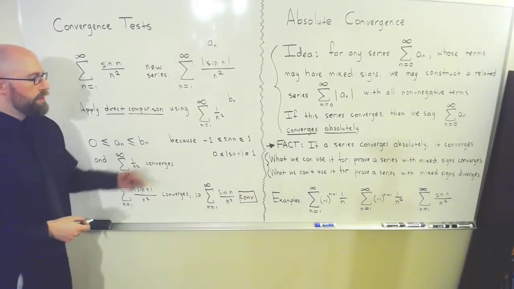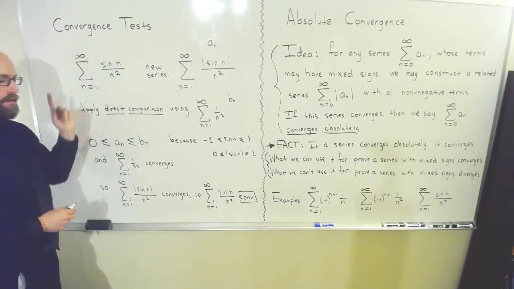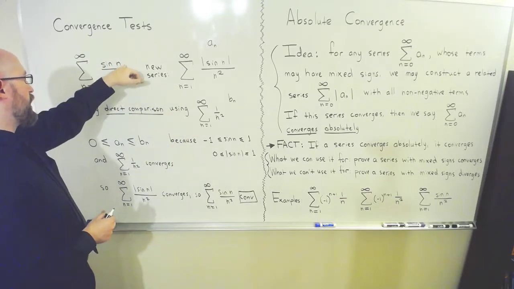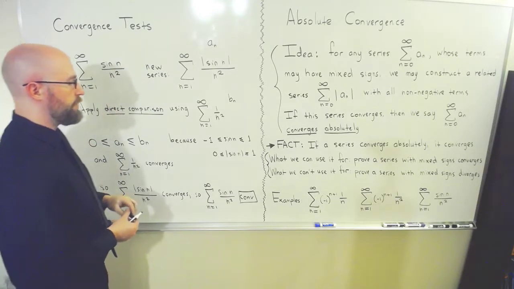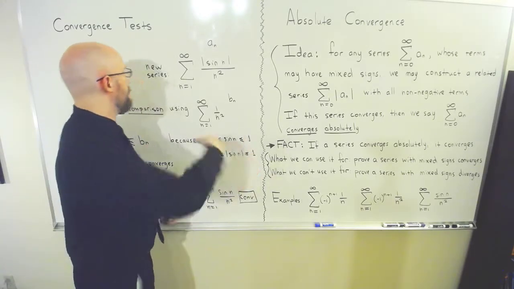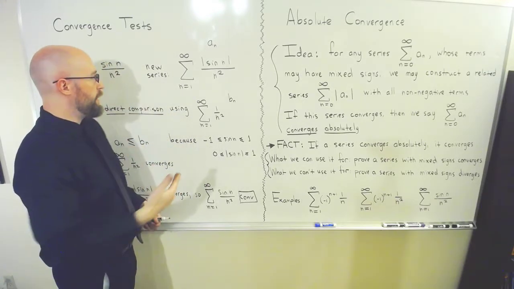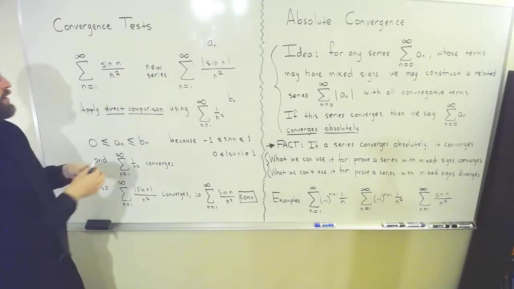So you see that there was a logical progression here where I started out with some series that is in a way not so well behaved. The signs are changing. It's not even alternating really. Sometimes you'll get consecutive integers where it's the same sign and then it'll be different signs and so on. So it's not really a very well behaved series.